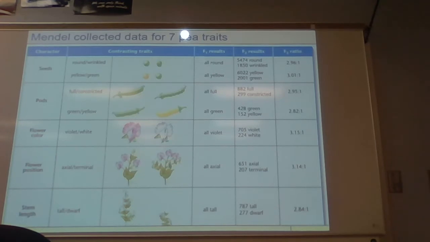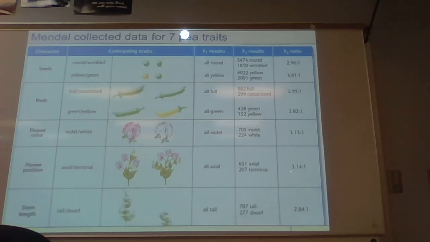First of all, if you look at the F1 generation, what's always true? They all show just one trait, right? So one trait disappears completely. Kind of strange, right? When you take a look at the F2 generation, the ratios are almost always exactly what?